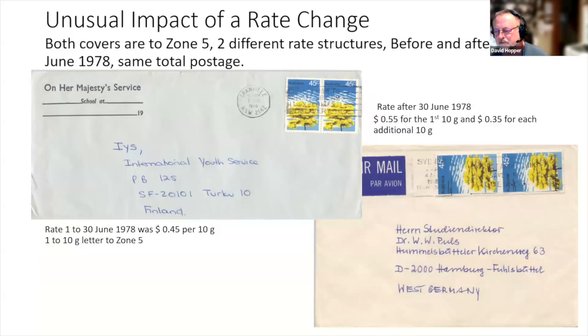Here's a rate change. Two covers look identical. They're both to Europe, both zone 5. But in June, the rate was 45 cents per 10 grams. So you pay two 45-cent stamps to pay a double rate cover.